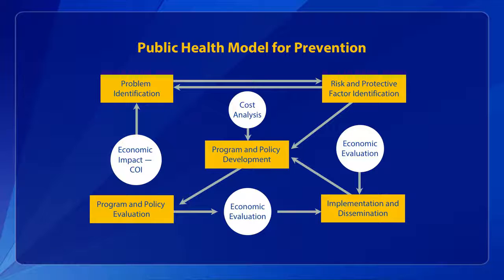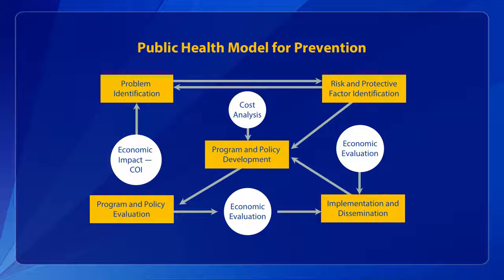Information about these factors helps refine our surveillance systems and identify high-risk populations and other groups who might benefit from public health interventions. Program and policy development are also important. Programmatic cost analysis is part of this process. Evaluation of an intervention, program, or strategy's effectiveness looks at how well an intervention reaches its intended goal of improving health outcomes. In contrast, economic evaluation helps us understand the cost factors related to an intervention.